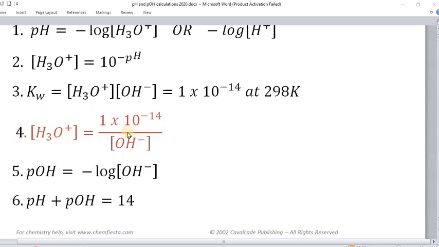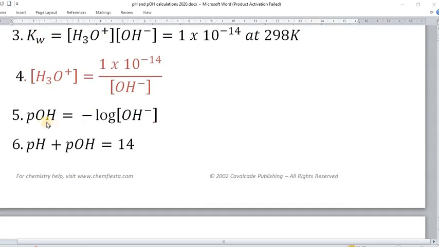So this is not actually a formula, but a manipulation from number 3. Alternatively, you can also solve the pH by using the pOH, the negative log of the hydroxide ion. That's an alternative method. Another important formula is that the pH and the pOH add up to give you 14, if you work it mathematically in terms of logarithm.